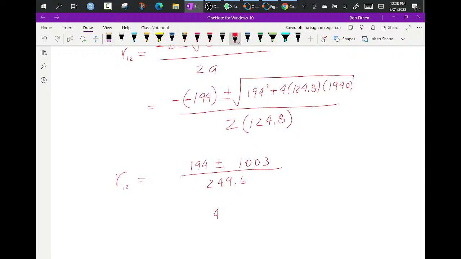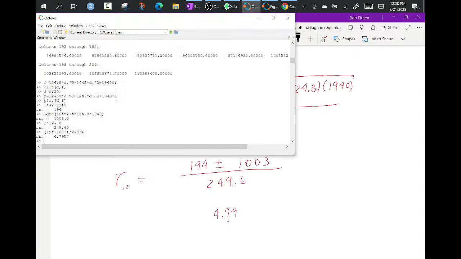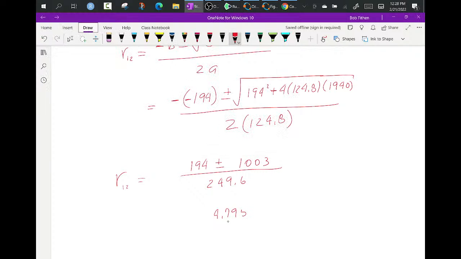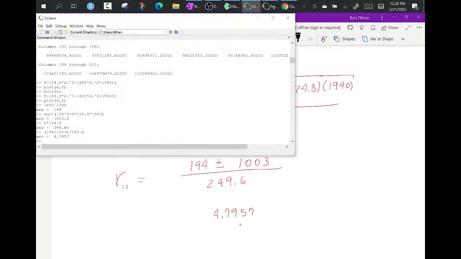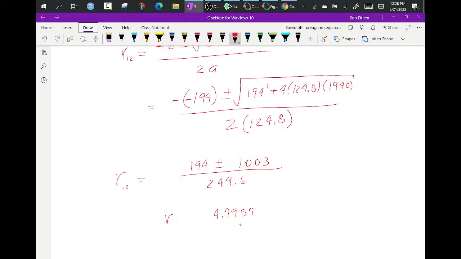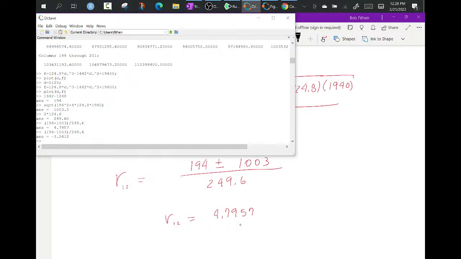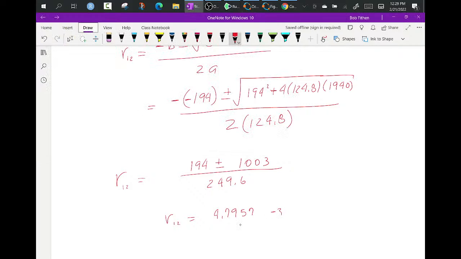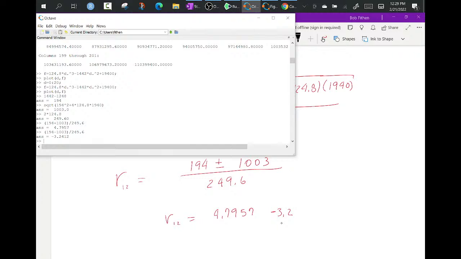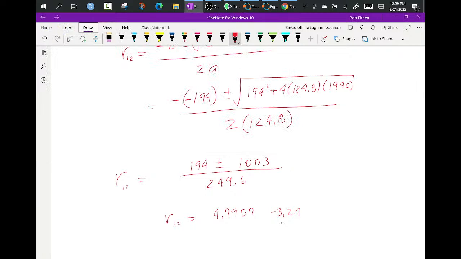You get 4.79, 4.7957. So here's my root, 1 and 2. The next one will have a minus here. Minus 3.2412. So there's my root.